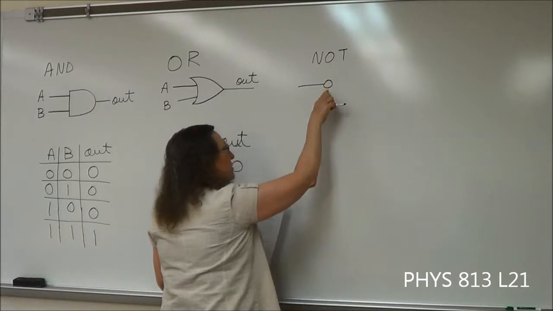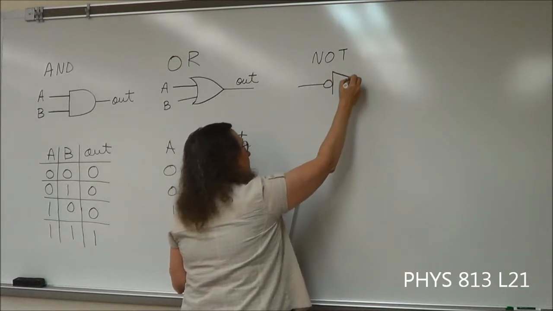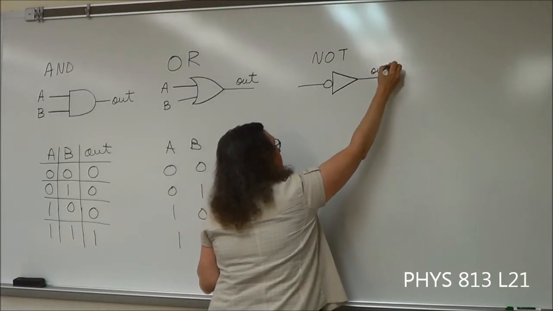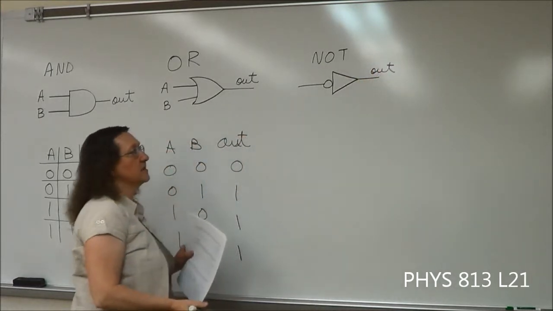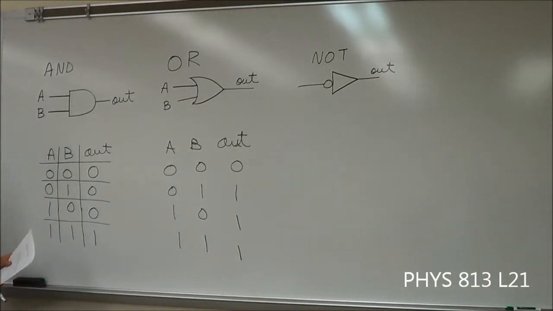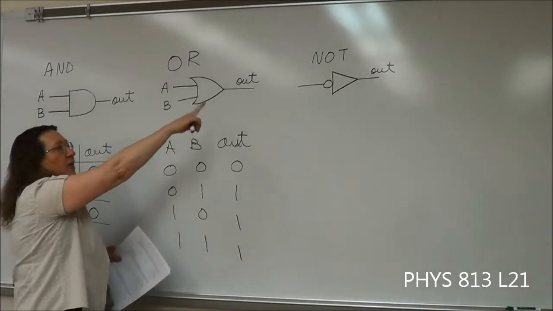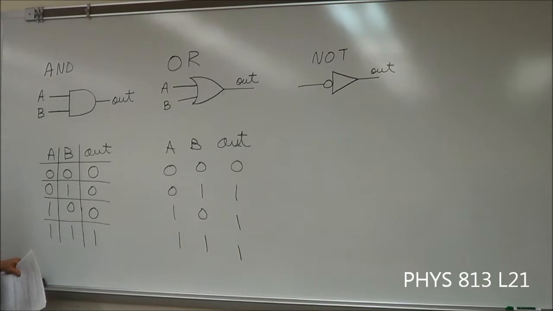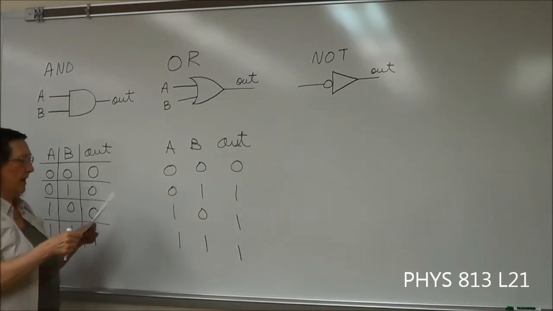It has a little circle, and it has a triangle, and then this is the out. Notice that it has only 1 input. And what we're going to see in a minute is that we can combine the NOT gate with an AND or with an OR, and then we shorten the symbol, and we'll show you that.